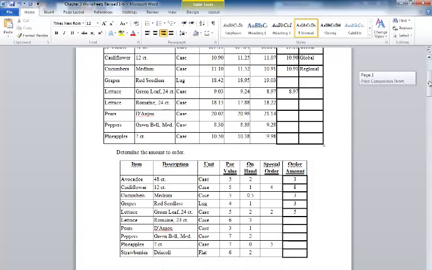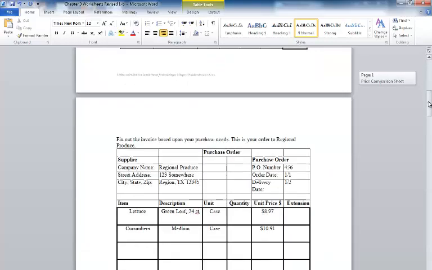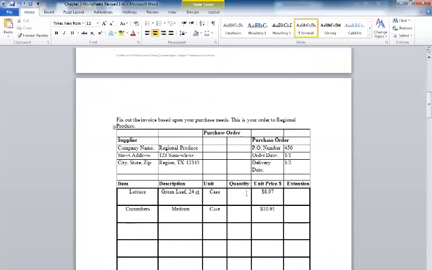How many cases did I need? I need to order 5. So for green leaf lettuce, I'm ordering 5 cases. I multiply that at $8.97 per case. Therefore, I'm going to be paying $44.85 for green leaf lettuce.